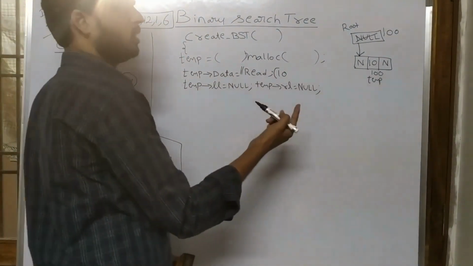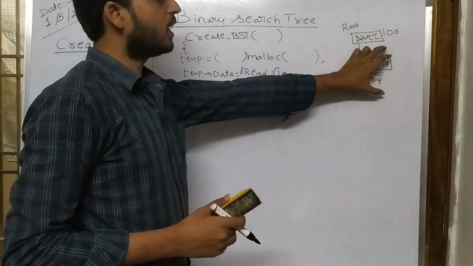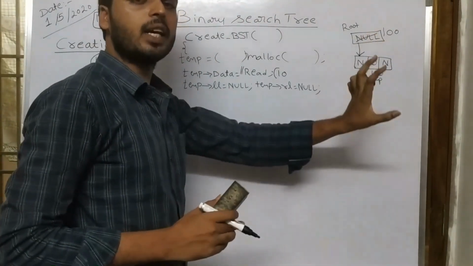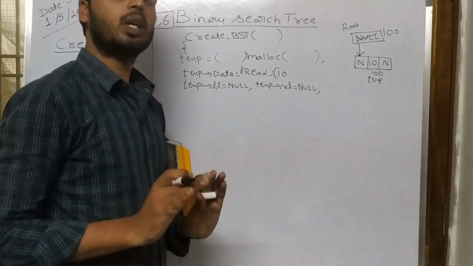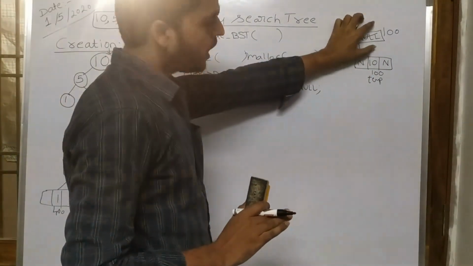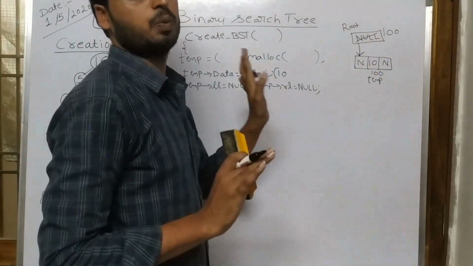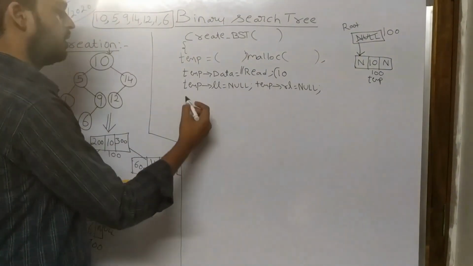So before constructing a tree, you need to check whether the created node is the first node or a subsequent node. The logic is: when the root node is null, this is the first node. When the root node is not null, this is not the first node, right? In our case, that is the first node.